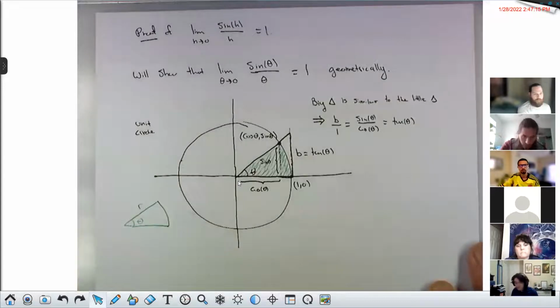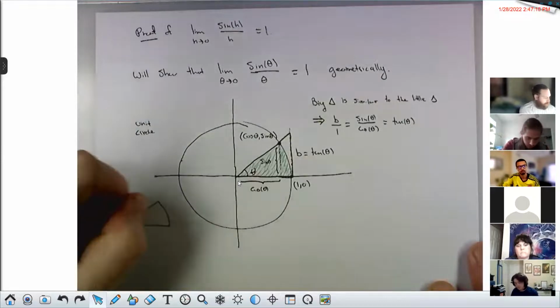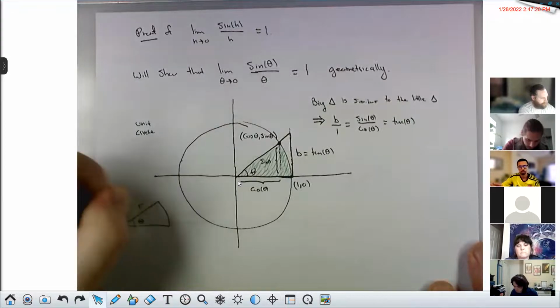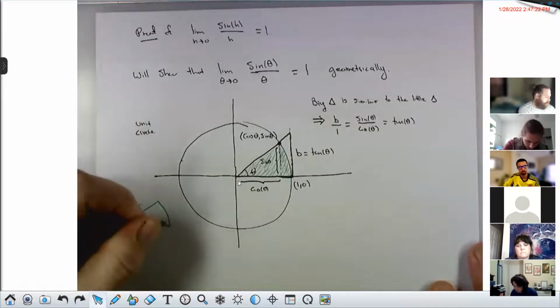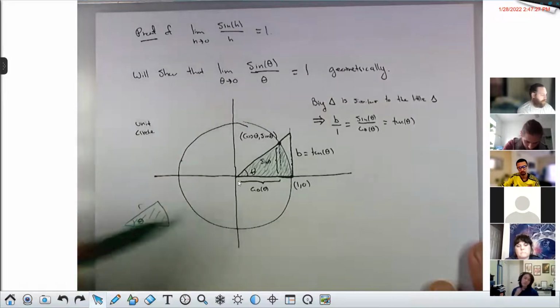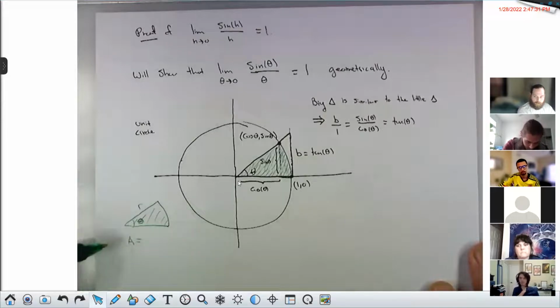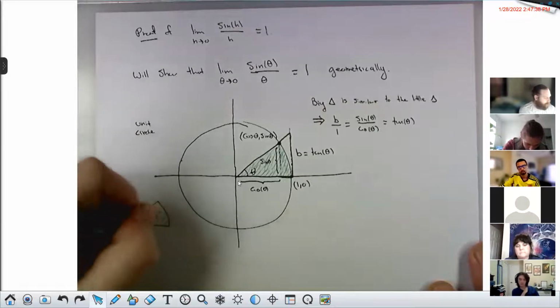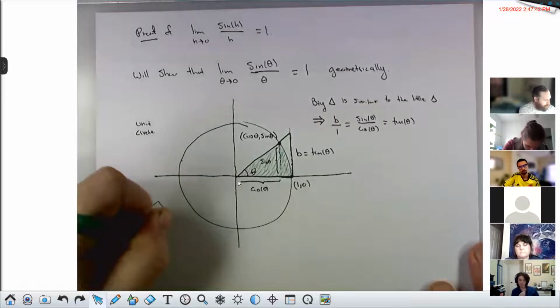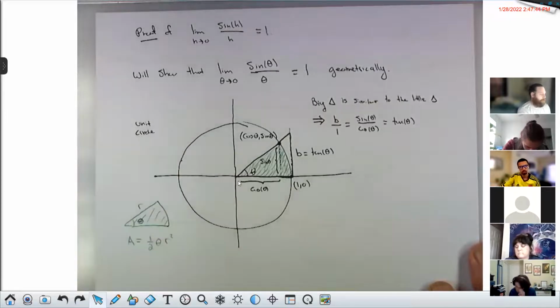And if you take the area of the sector of a circle of radius r, when theta is 2 pi, you get the whole circle. That's pi r squared. If theta were pi, it would be half the circle. In general, this is 1/2 theta r squared. That's the formula for the area of a sector of a circle.